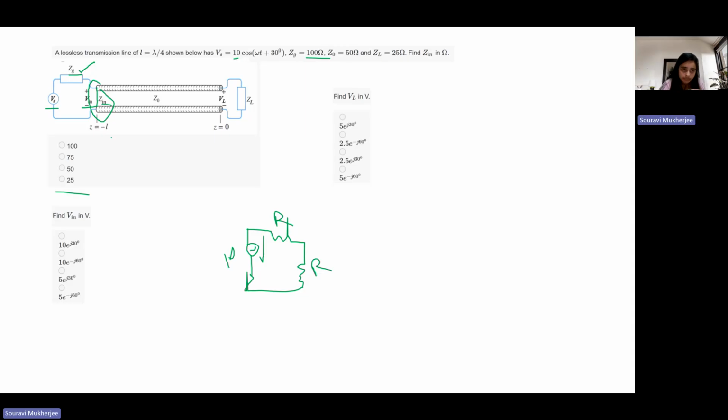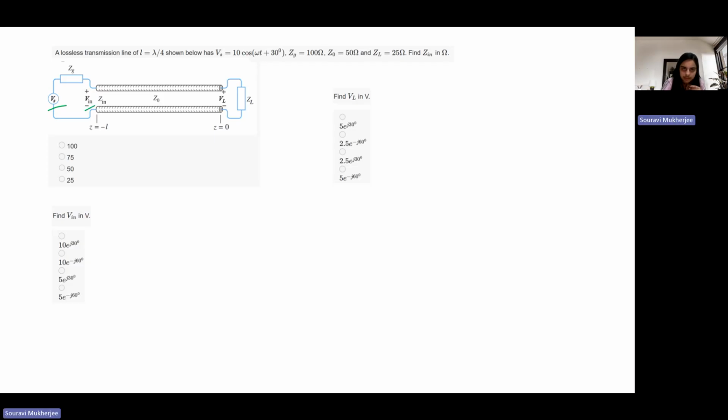Now how will the phase be? Whatever change in phase happens, that happens in this section, when there is transmission along the transmission line. But in this part, there is no phase change, right? Whatever phase is here, the same phase should come in here.